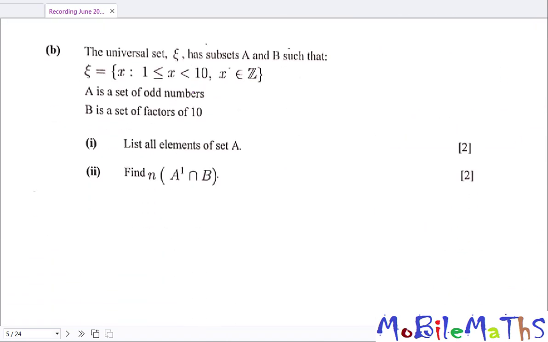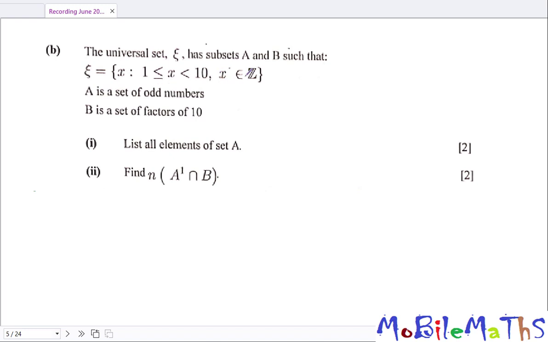The next question is saying the universal set has subsets A and B. When they say subsets, it means the sets A and B are part of the universal set. When we are given such information, you have to rewrite the universal set.